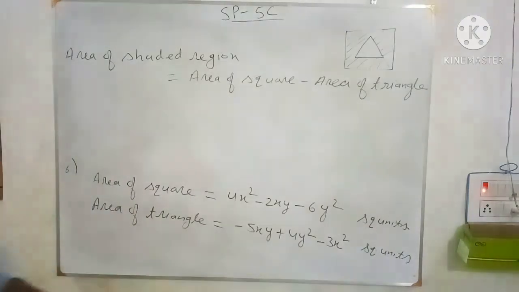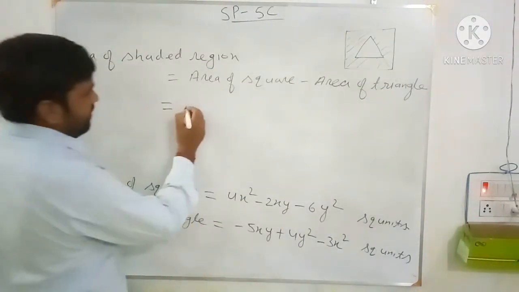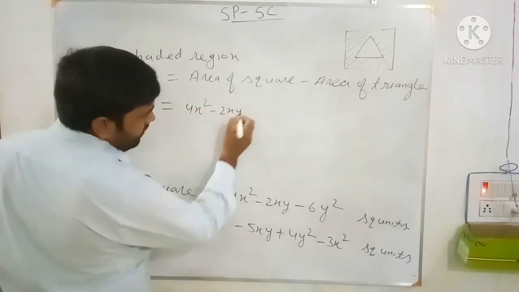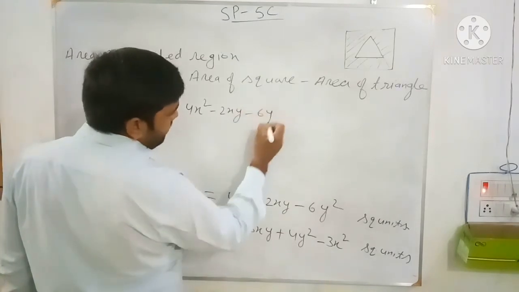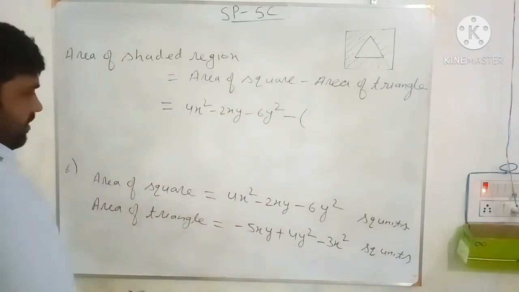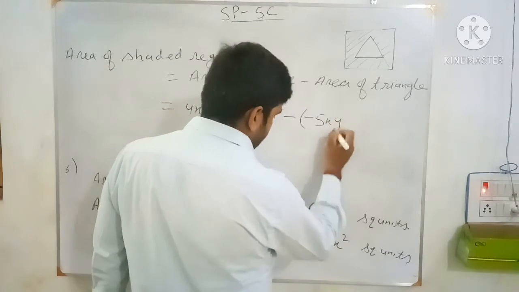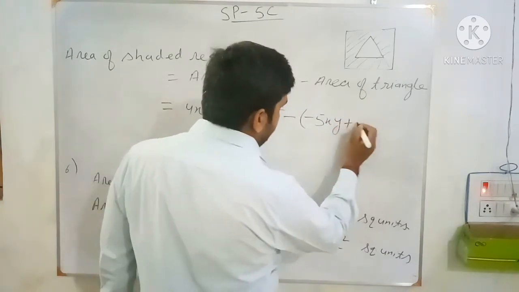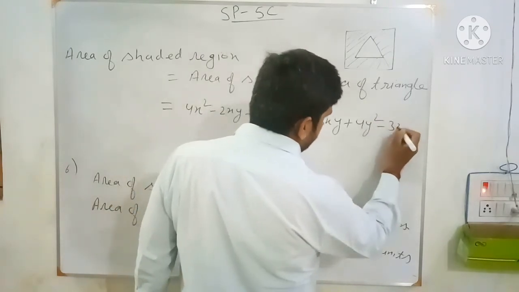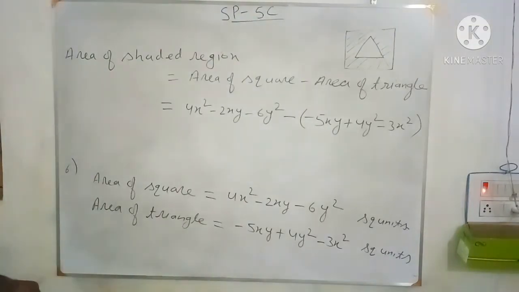So area of square minus area of triangle. Now see what is the area of square. Area of square is what? 4x square minus 2xy minus 6y square. From this we have to subtract the area of triangle. Area of triangle is minus 5xy plus 4y square minus 3x square. So this much area we have to subtract.